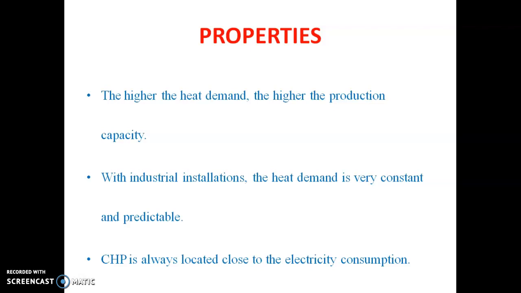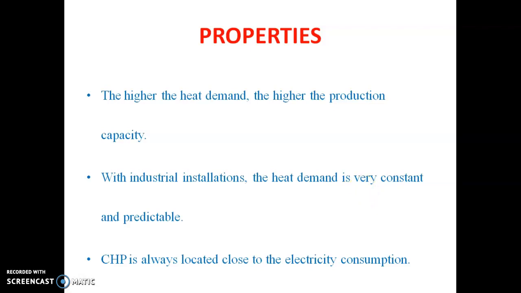This is technically possible, but most installations have a fixed ratio between electricity and heat production, where the local heat demand determines the production. With industrial installations, the heat demand is very constant and predictable.